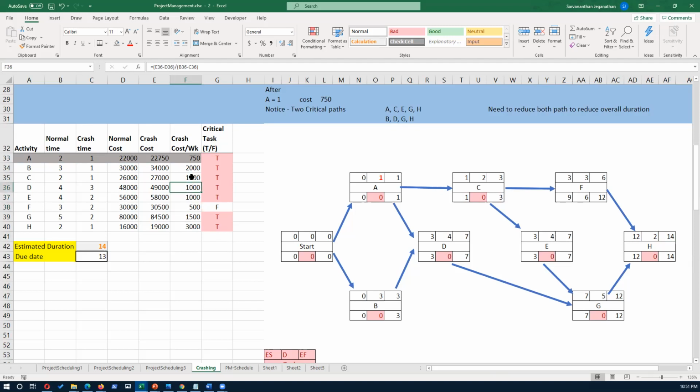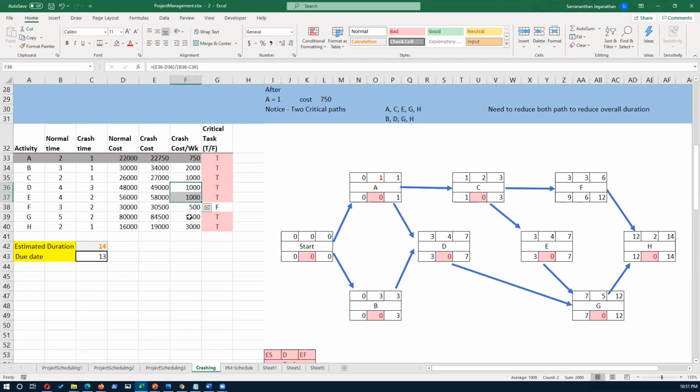We can go for C, D, and E. Now, D is in one path, and then C and E is in one path. So we just need to reduce one of these two. For example, we can reduce D and E to reduce this 14 to 13. If we do that, we'll have an additional cost of 2,000.